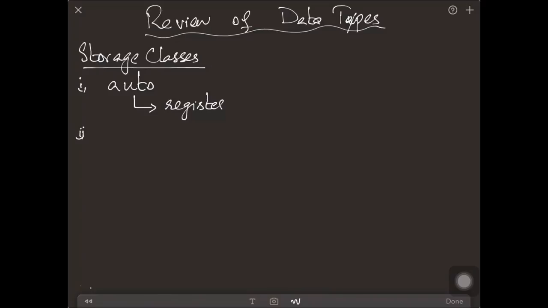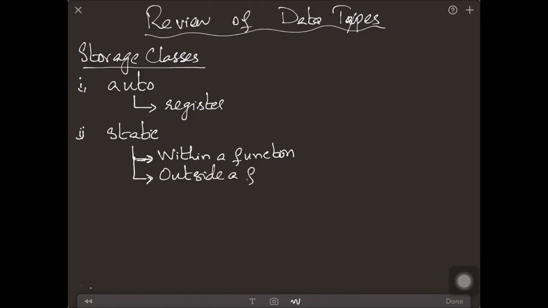The second is static. This is a bit tricky. You can make a static variable within a function, and at the same time, you can create a static variable outside a function as well.